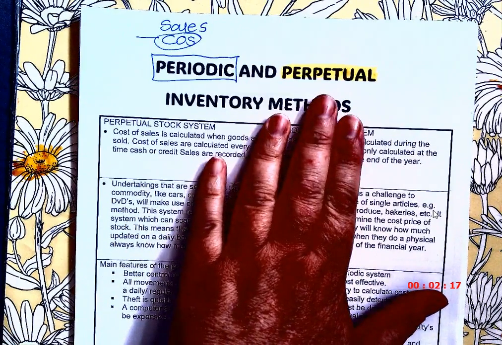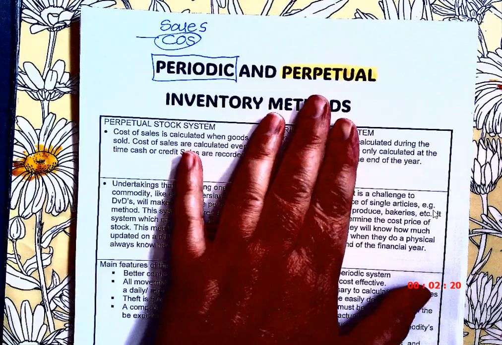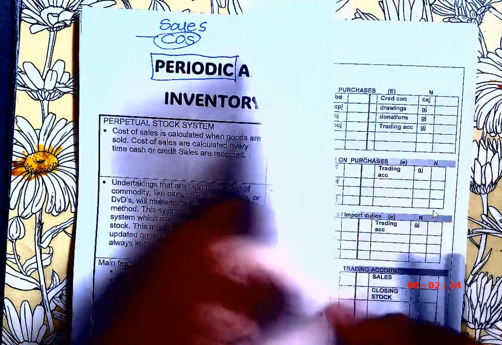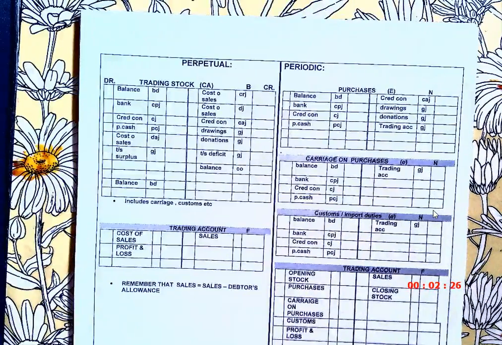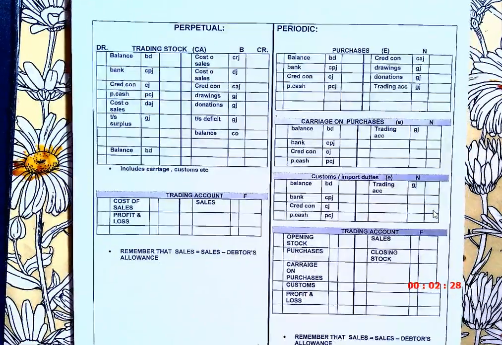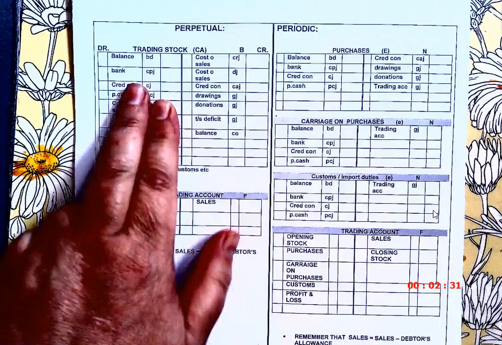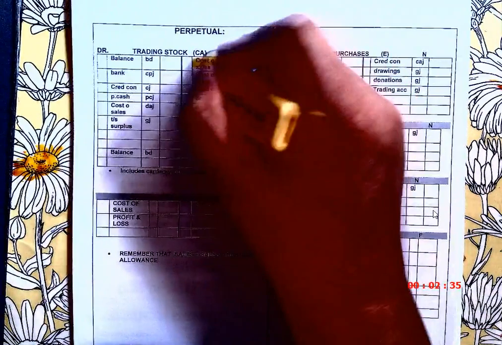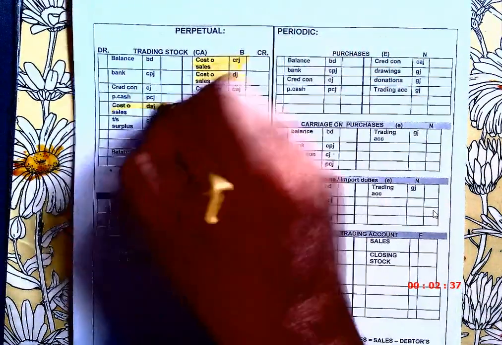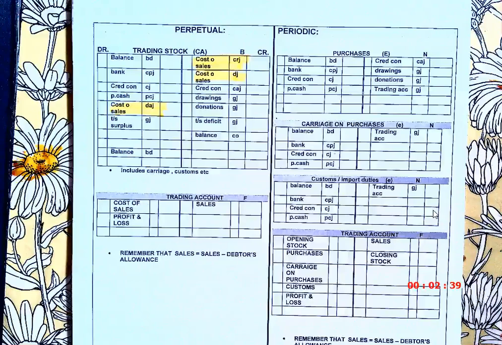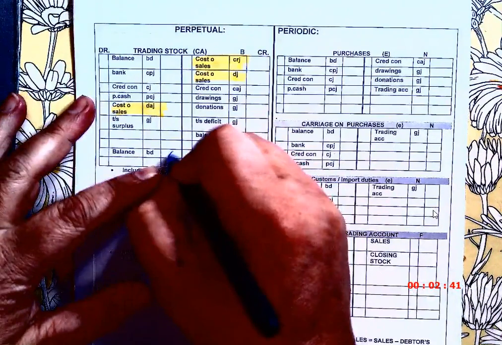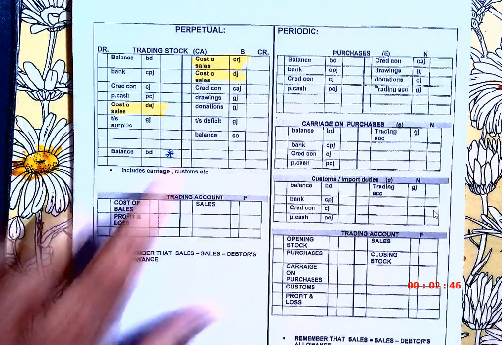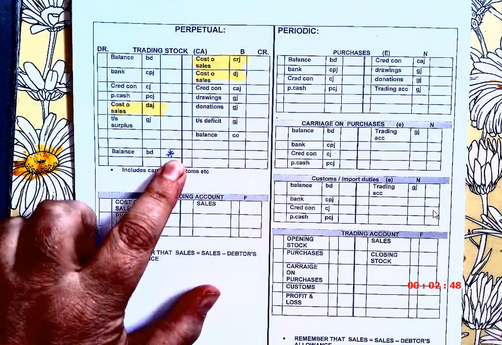Okay. Let me show you. In the periodic, you're going to have a T account. If you turn, you'll see there's the T account. In the perpetual, we have a trading stock T account. Can you see in that T account, I've got cost of sales. Meaning, the stock that I calculate here, I'm supposed to know that that balance should be equal to the balance that I count.